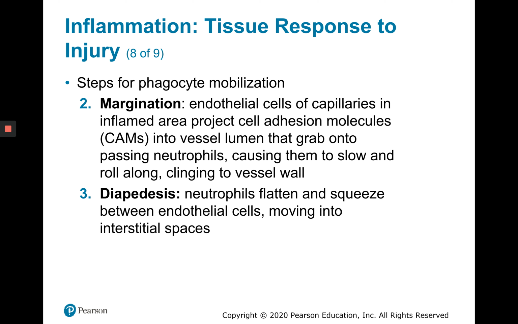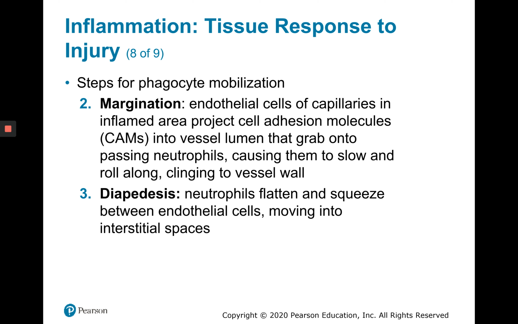Since they're slowing down, they're able to stick to the walls of that blood vessel, and then more easily flatten themselves out and move in between endothelial cells, which is called diapedesis.